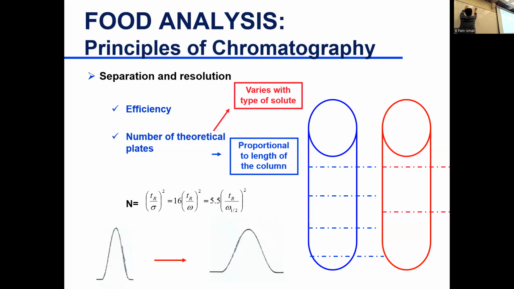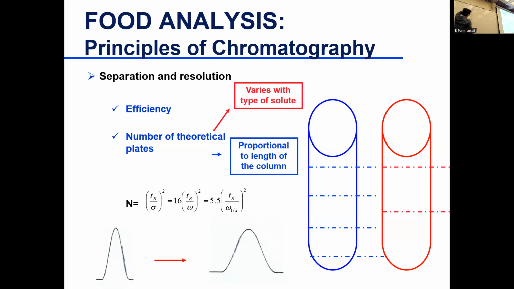So this is your mobile phase. You have your compounds separating, and then they go into your stationary phase and move out with the mobile phase, in and out, in and out, in and out, until they leave.